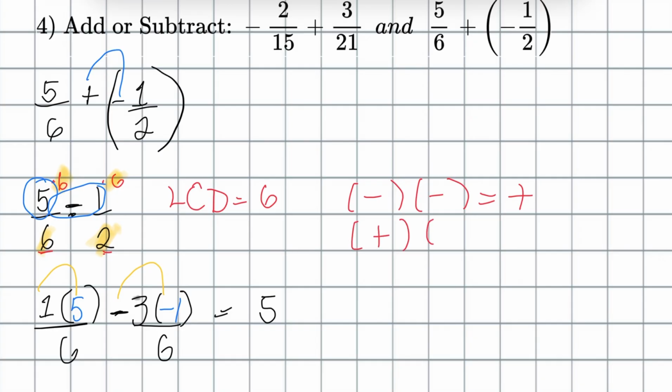Positive times a positive is always going to give you positive. When the signs are multiplying or dividing each other and they are the same, they're always going to give you positive. You should write that somewhere. So in this case, we're going to have positive 3, so 5 plus 3 over 6.